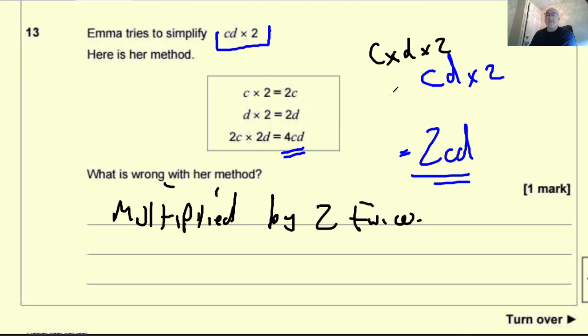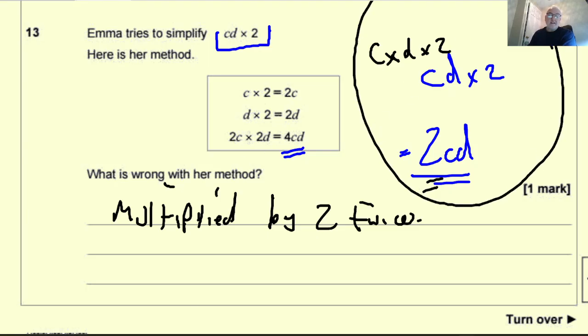So if I do that from left to right, C times D is CD times 2 is 2CD. And again, if you can put what your working was to solve it, that explains a lot of what the actual method is. She's multiplied by 2 twice, and you could put it should be 2CD, and again, because that's part of your working, it explains that.